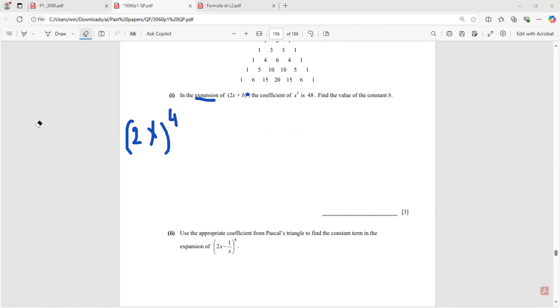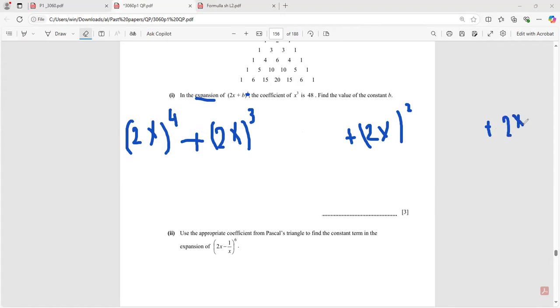The first number is unique: 2x to the power of 3. The first and the last are unique. So here 2x to the power of 2, then 2x to the power of 1. Look, we did it.